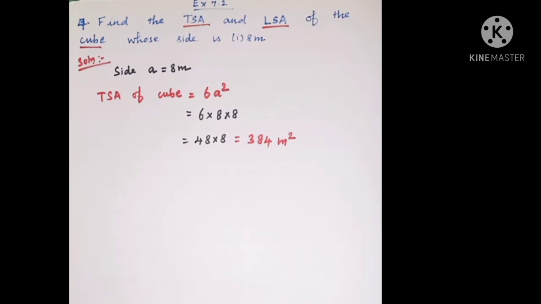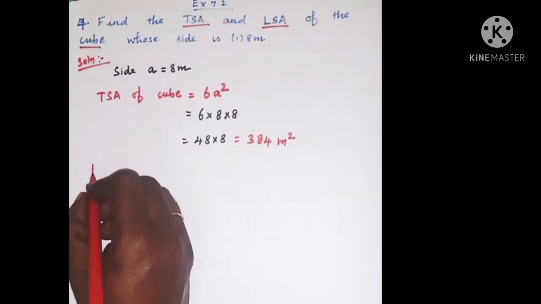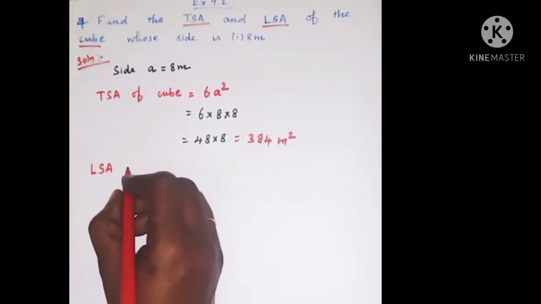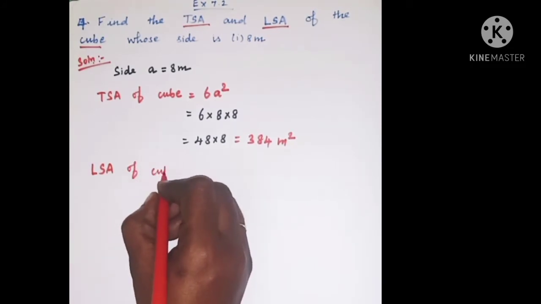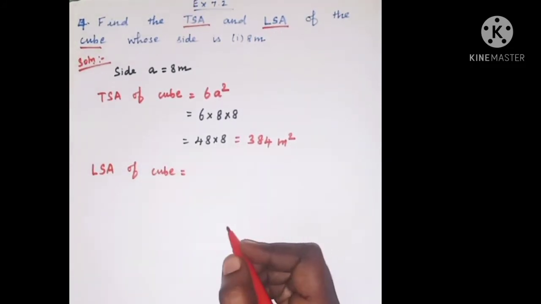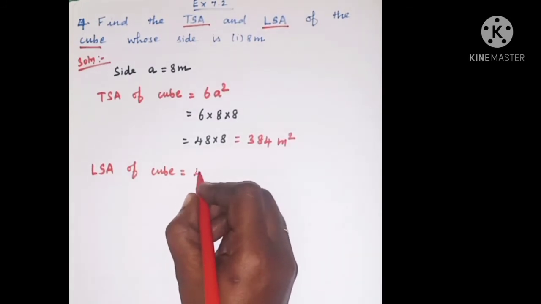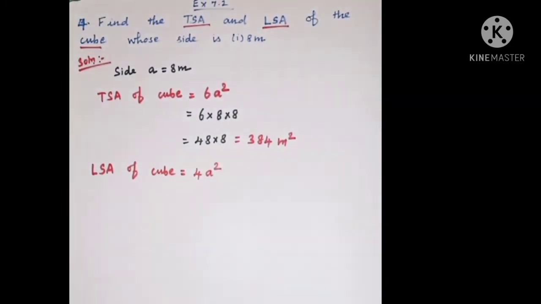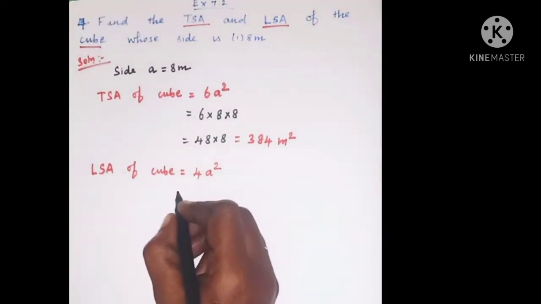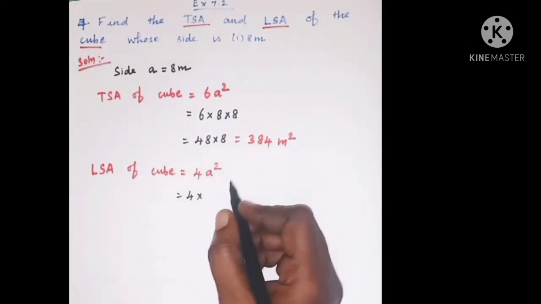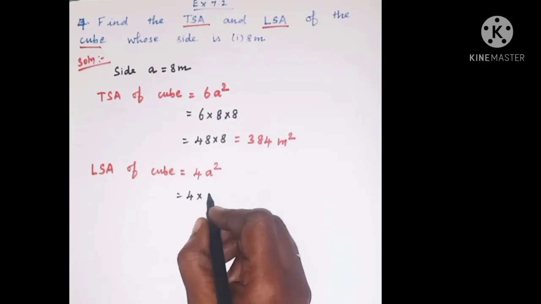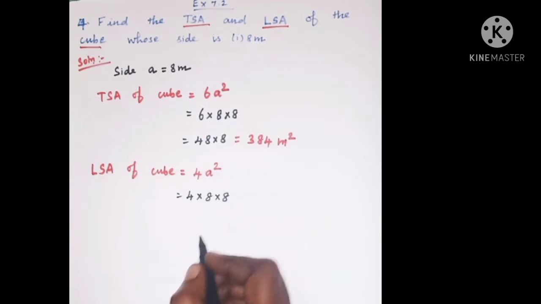Next, we have to find the LSA, lateral surface area of cube. What is the formula to find the lateral surface area? The formula is 4a square. Therefore, 4 into a square, where a is 8, so 8 into 8.